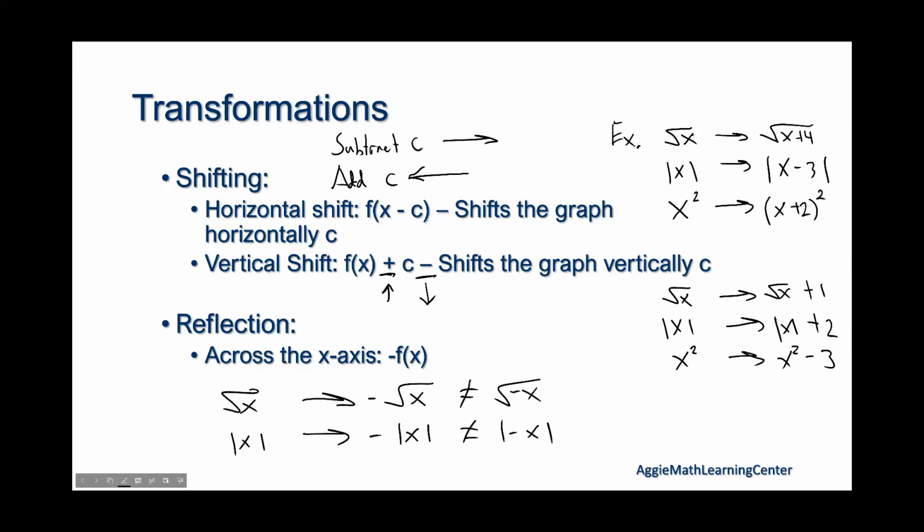That's not going to give us a reflection. Because if we took the square root of a bunch of negative values, we're going to end up making all of what would have been real valued solutions imaginary solutions, and vice versa, and things get messy. So we're just concerned with reflections across the x-axis, and that's going to be done by negating the whole parent function. So not inside of it, but outside.